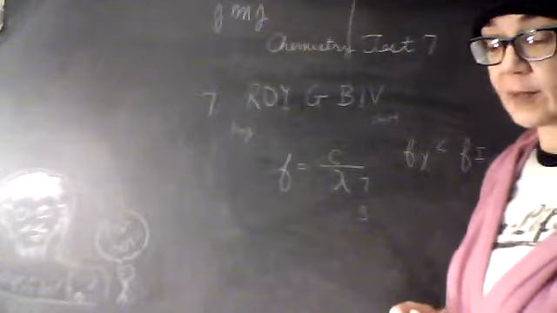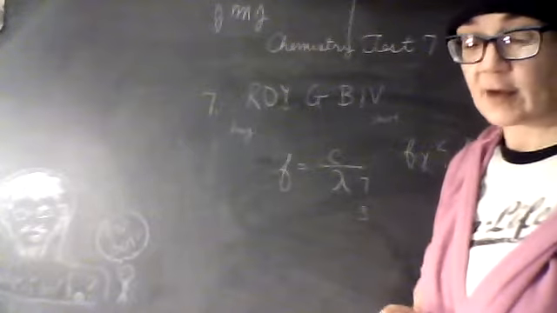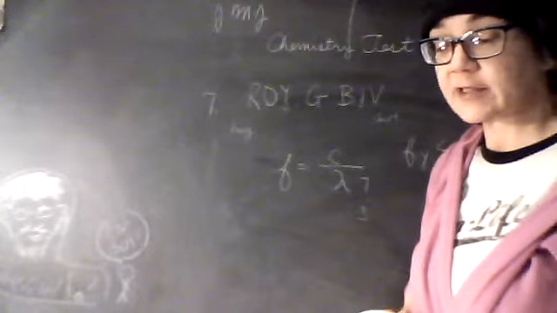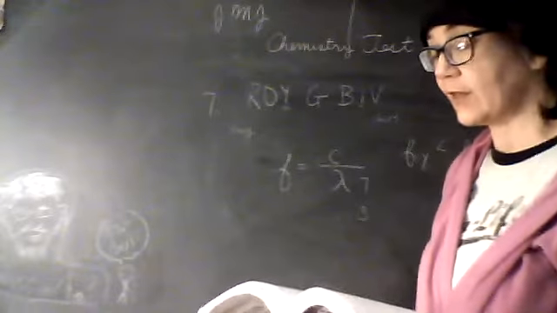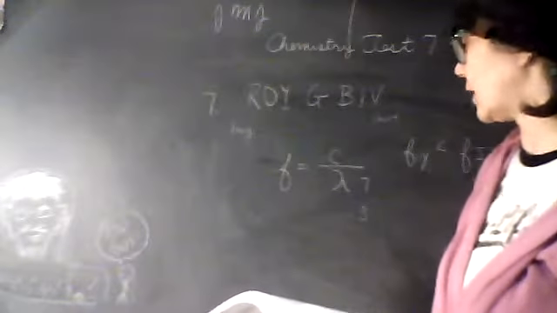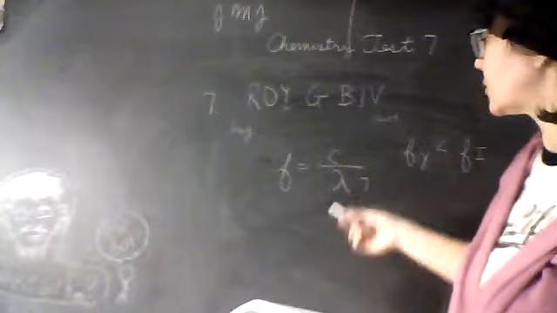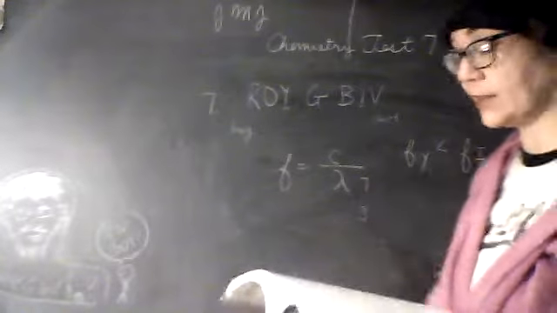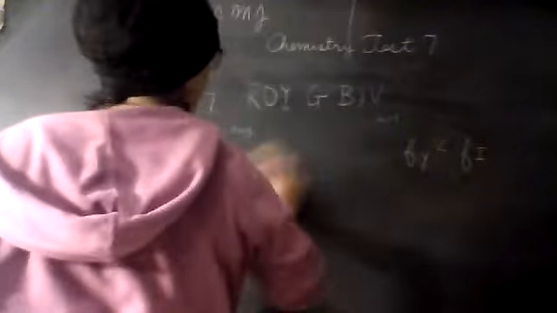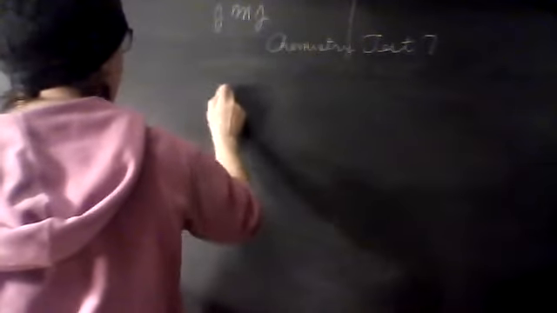Now we're going to look at problem number 8 on test 7. Problem 8 says, what is the frequency of light that has a wavelength of 10.0 nanometers? So we're going to use this formula. The wavelength is 10.0 nanometers. A nanometer is 1 times 10 to the negative 9 meters.